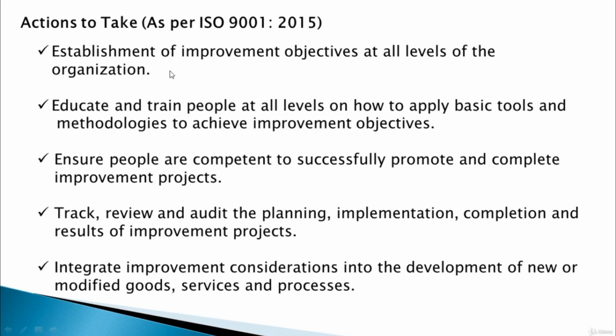But anyway, as I was saying, to maintain ongoing focus on improvement, we can establish improvement objectives at all levels of the organization, from the top management, from the founders or the leaders, to every other employee within the organization. We should educate and train people at all levels on how to apply basic tools and methodologies to achieve improvement objectives, and we should ensure people are competent to successfully promote and complete improvement projects.